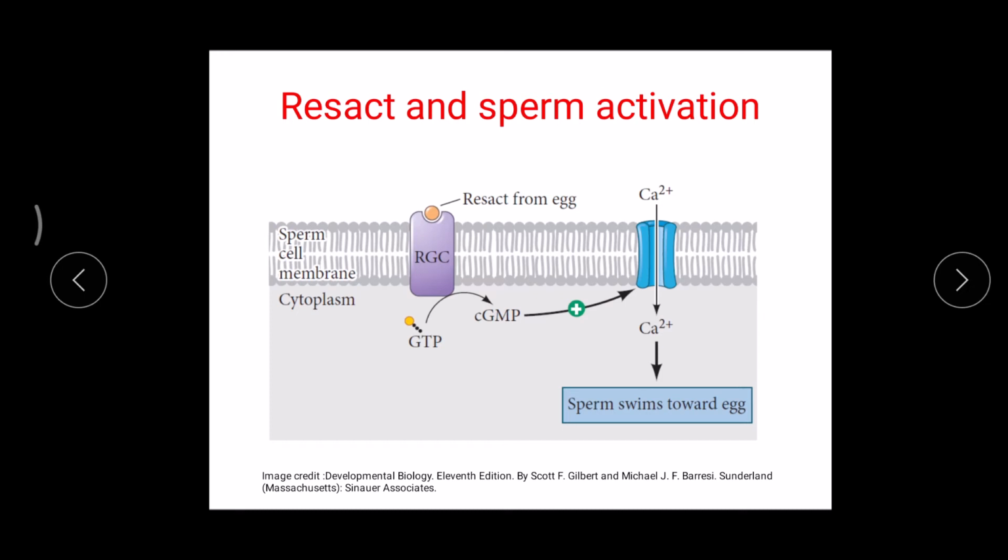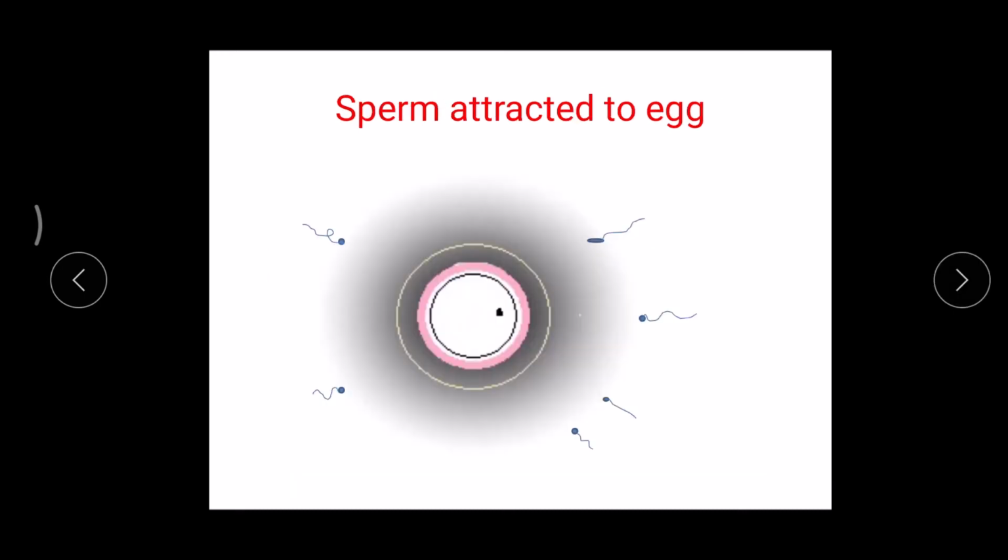This influx of calcium activates sperm motility. So RESACT functions as a sperm activating peptide as well as a sperm attracting peptide, and this ensures the first level of identification of egg and sperm. We just saw how spermatozoa are attracted toward the egg by means of chemotaxis.